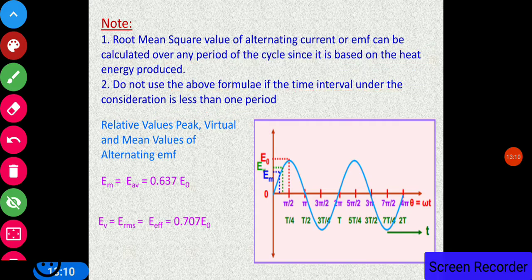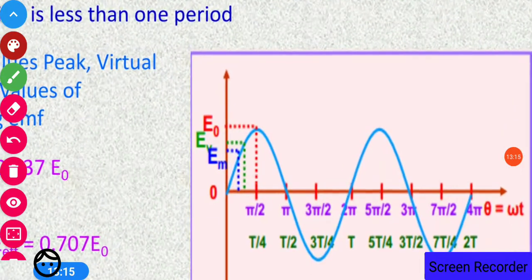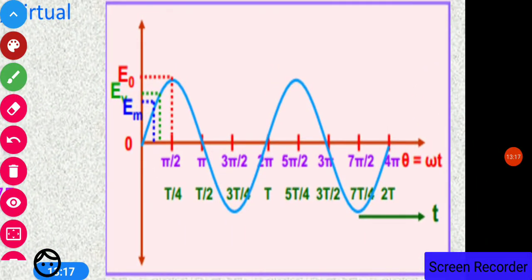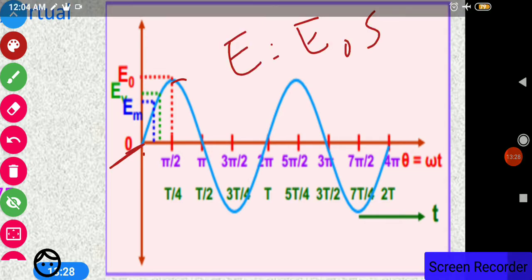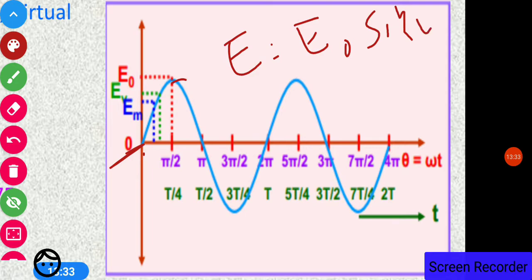Now if we draw the graph over the same, this is the sinusoidal curve for E is equal to E naught sin omega t. Since it is starting from 0, it is a sine curve, E naught sin omega t. Here this is the peak value E naught.